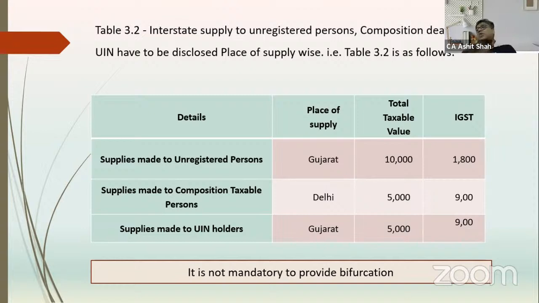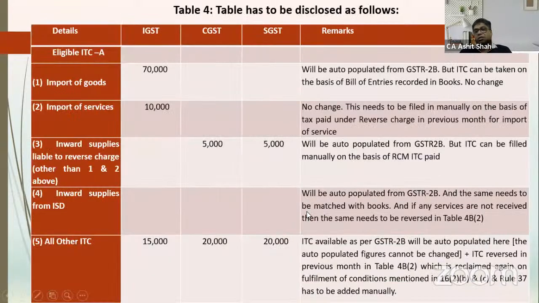Rather, they just gave one detail that supply is made to unregistered persons, this is the taxable amount, and this is the value of tax, irrespective of the place of supply. But now it has become mandatory to provide the detail on the basis of place of supply in respect of unregistered persons, composition taxable persons, and UIN holders. So this place of supply needs to be mentioned in the return.